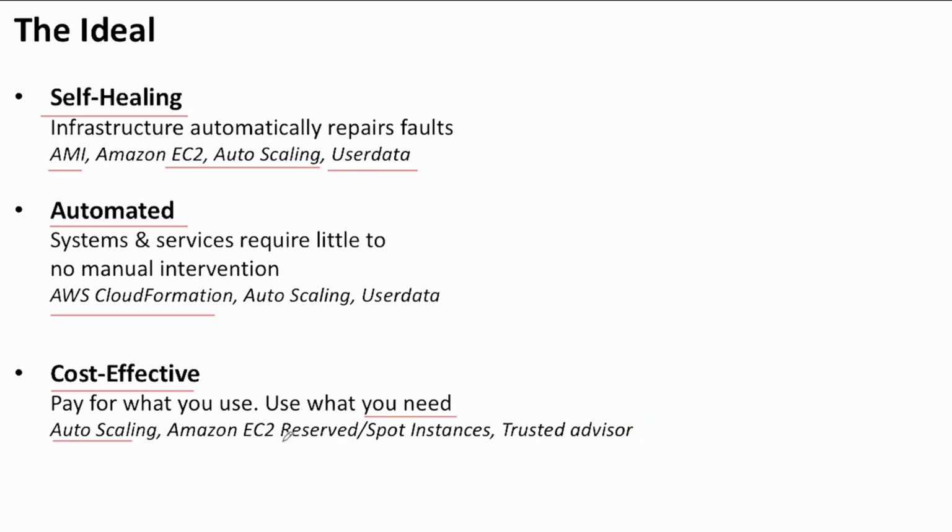Be sure and leverage the EC2 reserved billing model for those applications and databases that are long-lived, that need to be running for long periods of time. For other things like batch processing, video transcoding, jobs that are very short or jobs that can tolerate being interrupted, be sure and leverage the spot market so that you can get EC2 instances at a fraction of the cost of the on-demand price.